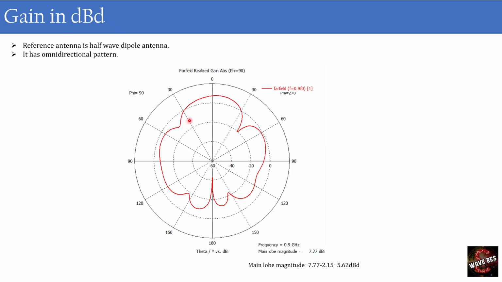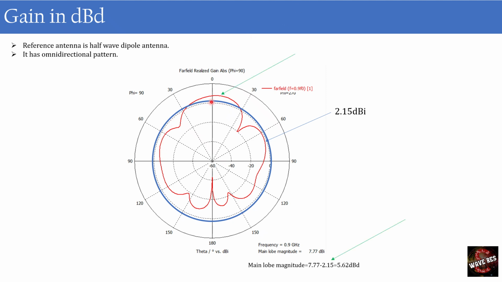I'm going to consider the same antenna pattern to specify its gain in dBd. So here is the gain of the dipole antenna. Here you can see that its value is 2.15 dB. So this is our directional pattern and this is our dipole antenna pattern.